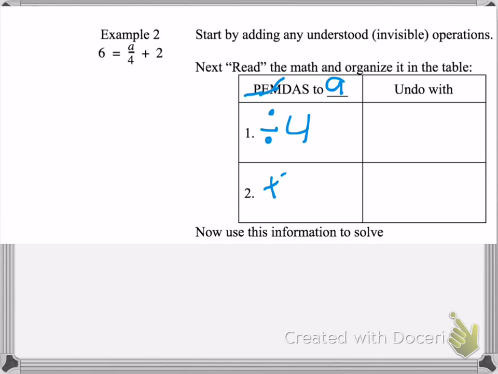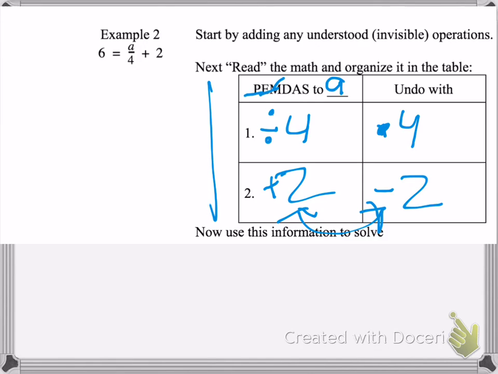And let me fix that. So then we undo that by subtracting 2 and multiplying by 4. Those are opposite operations. Adding and subtracting are opposite, multiplying and dividing are opposite. So if we did the order of operations this way, we will undo it this way. So that's what we're going to look at and use that information to solve.